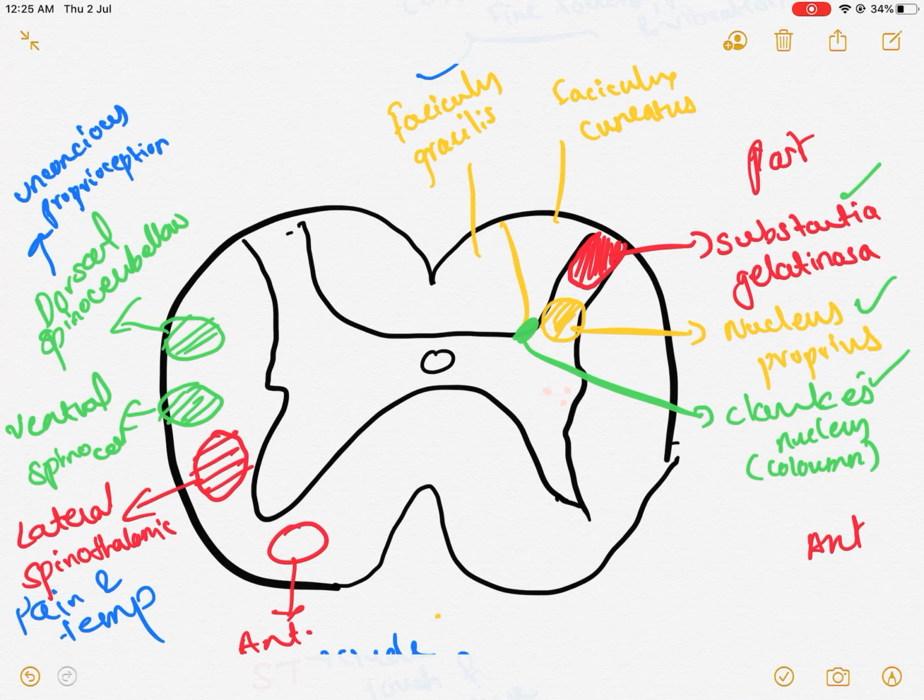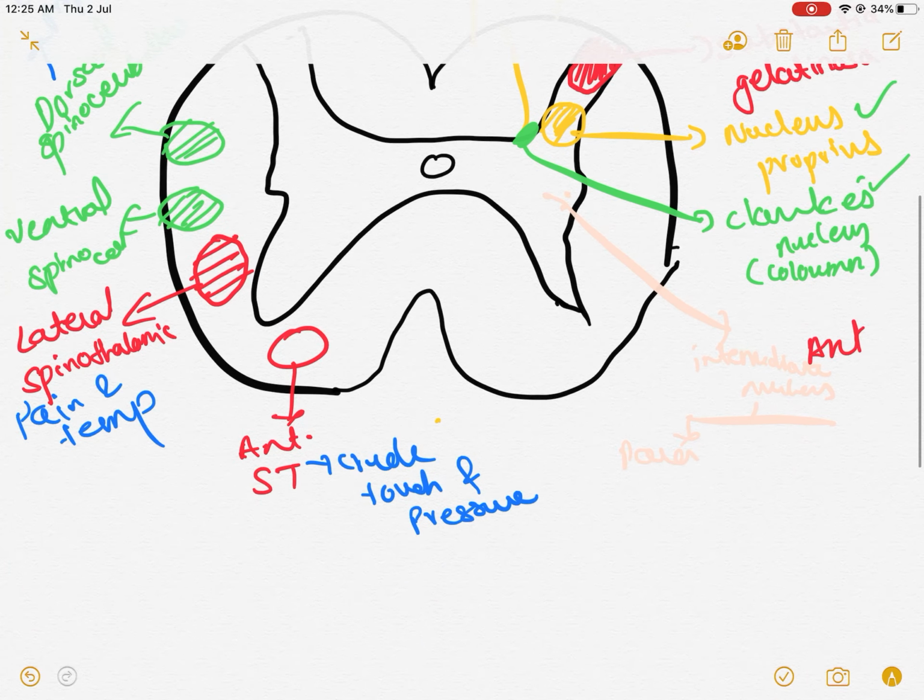This is called intermediate nucleus, which is parasympathetic and sympathetic. So we know sympathetic is thoracolumbar, parasympathetic is sacral outflow. So this is present in S2, S3, S4 region. This is present in T1 to L2.